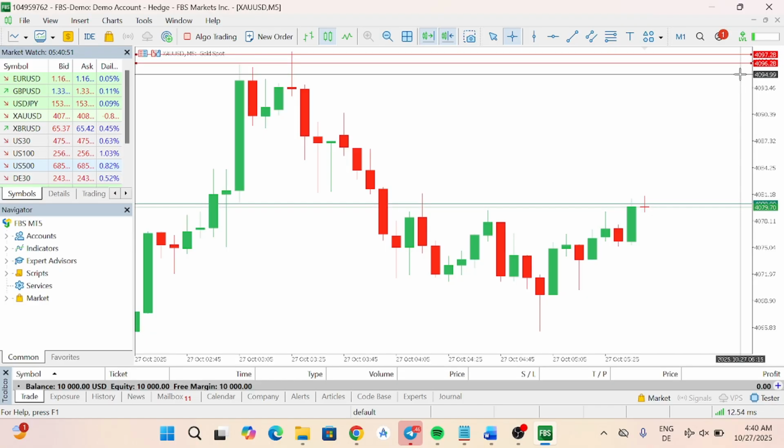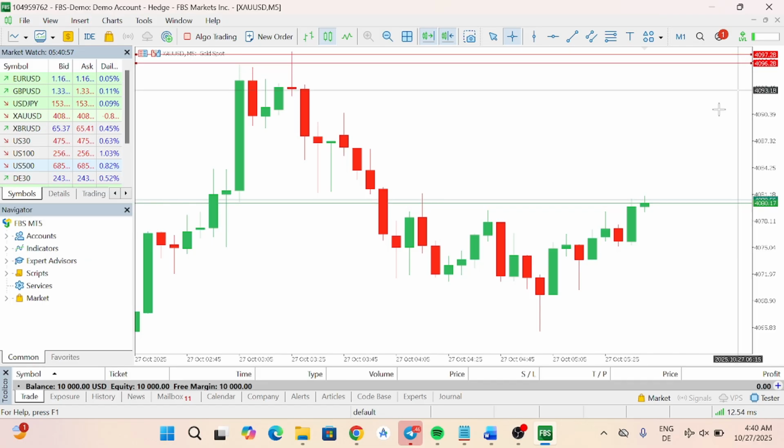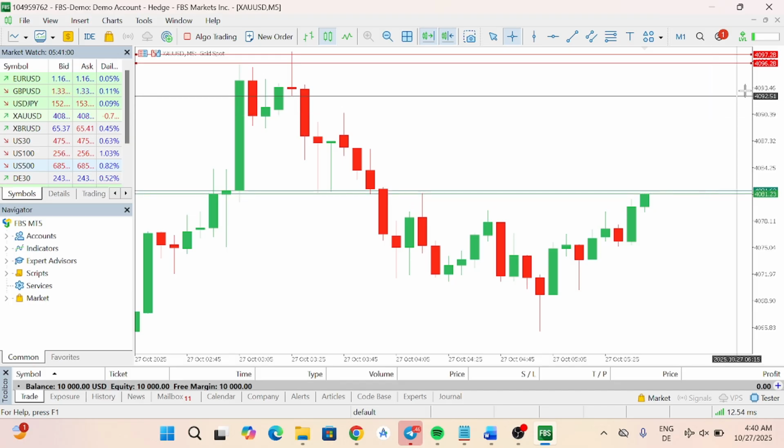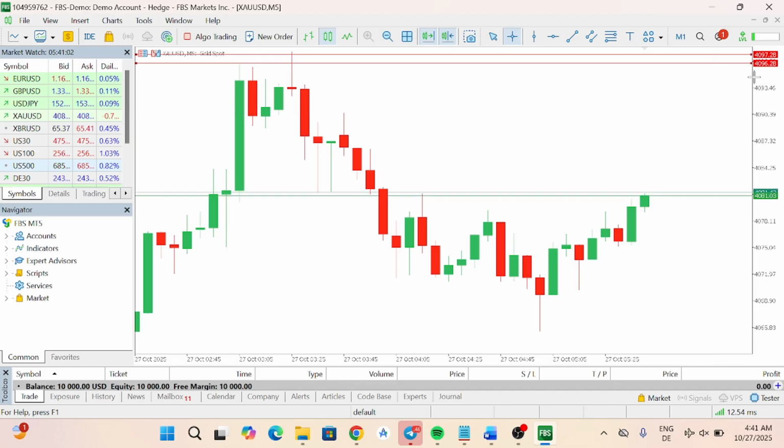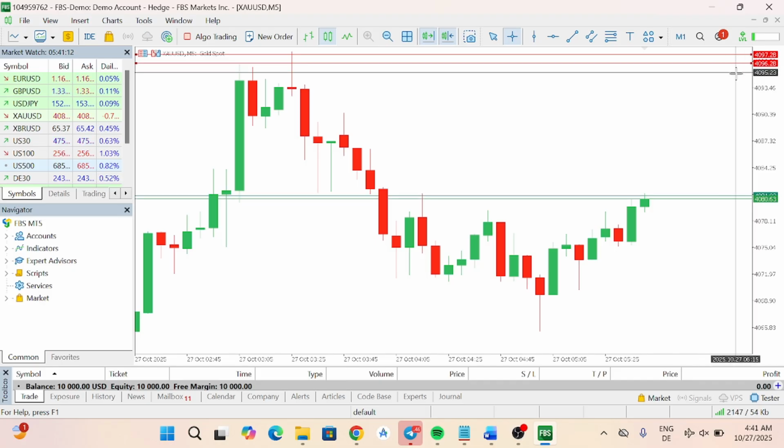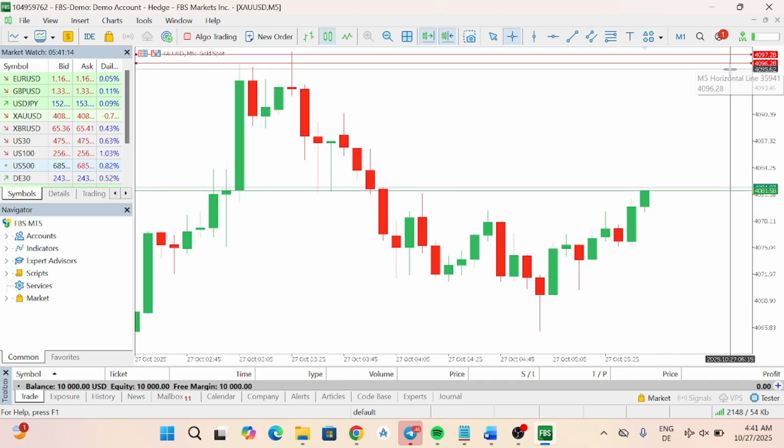The 0.2 now is the pipette. But we're not going to be dealing with pipettes, we're dealing with pips in gold. With time, you'll understand why. The pipette is just a fraction to know how everything works. So this is 4096.28, 4097.28.